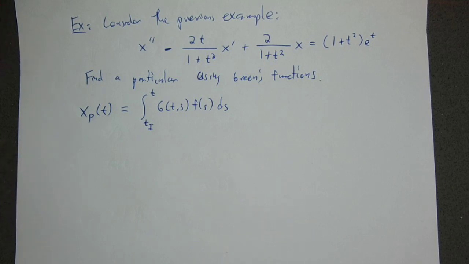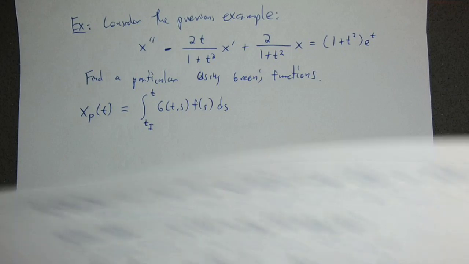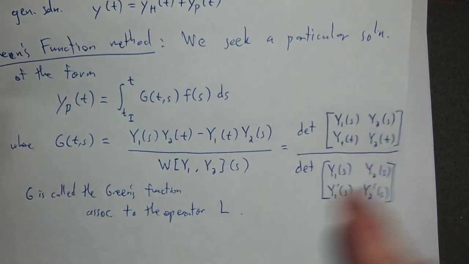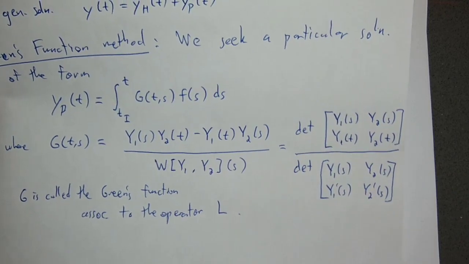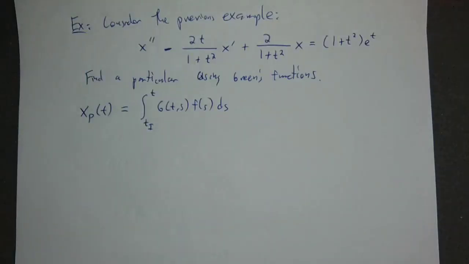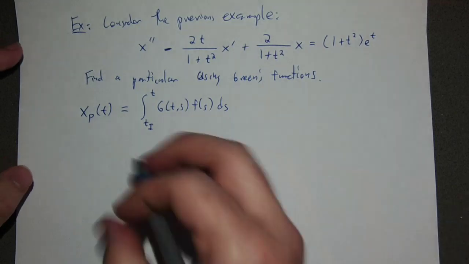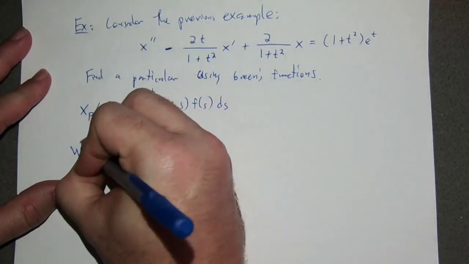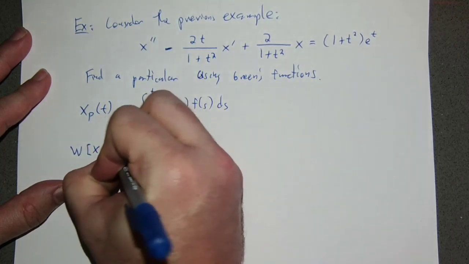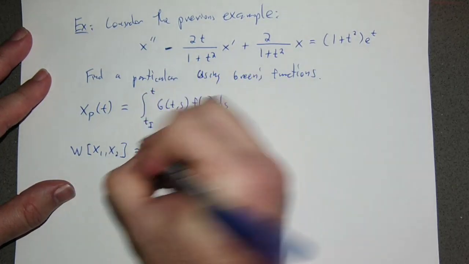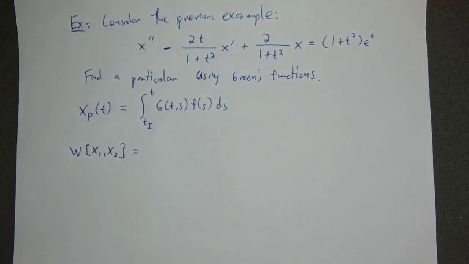Since g of t,s is the determinant of this matrix divided by the Wronskian, I have to compute those expressions.